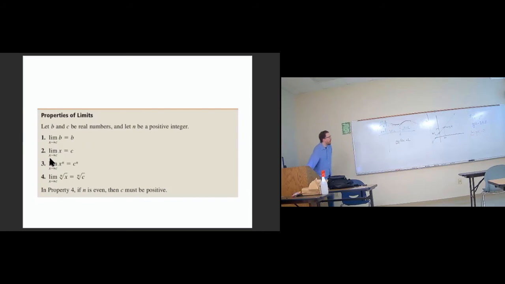If you have the limit of x as x approaches c, then that's just going to come out to c. The limit of the nth root of x, when you see the n and then the root, this is a special case though.